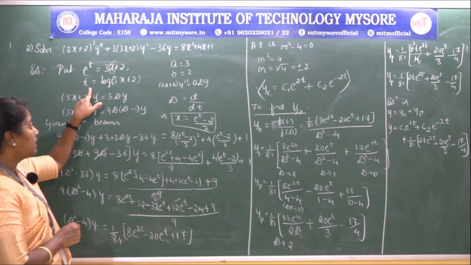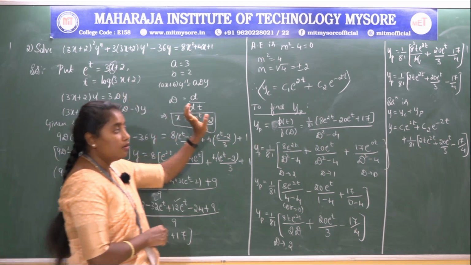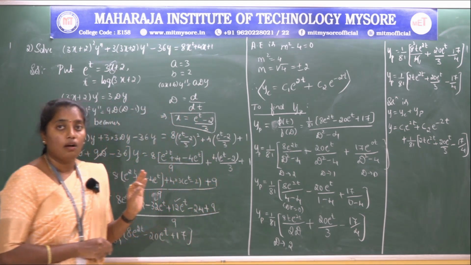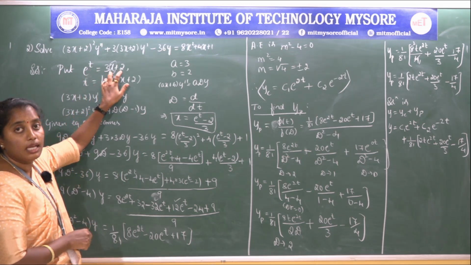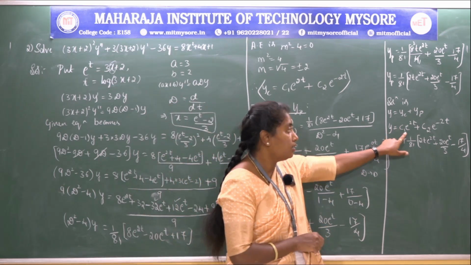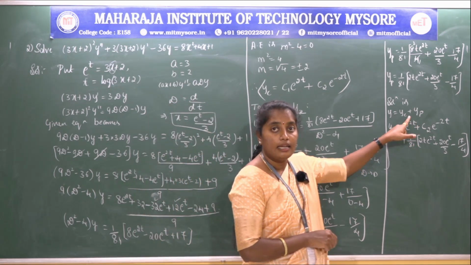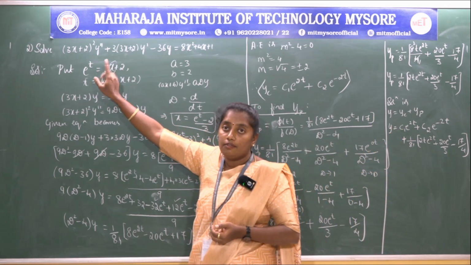The value of t is equal to log of 3x plus 2, and the value of e power of t is equal to 3x plus 2. So if e power of 2t is there, we can write this as e power of t whole square, because we have the element e power of t only.